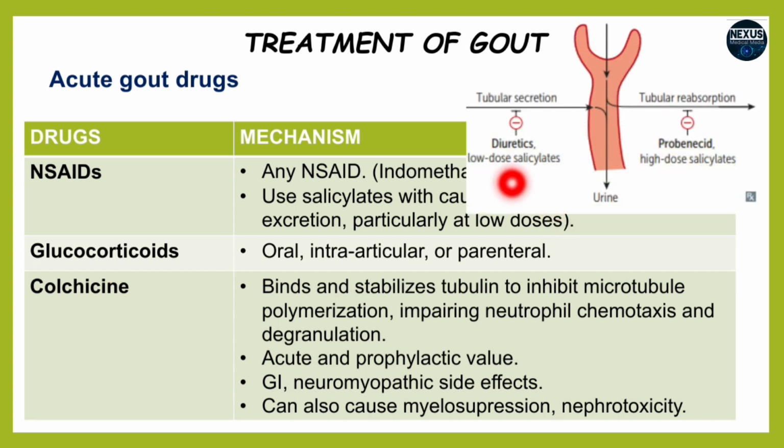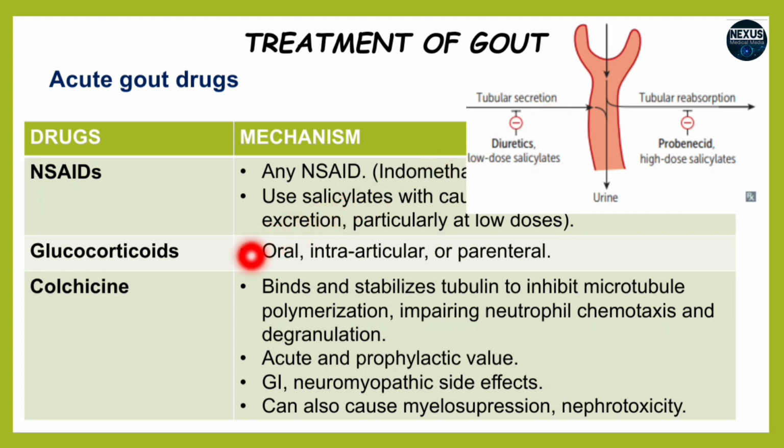So low doses together with diuretics will inhibit tubular secretion, and high doses, you can see it together with probenecid, inhibit tubular reabsorption, right?